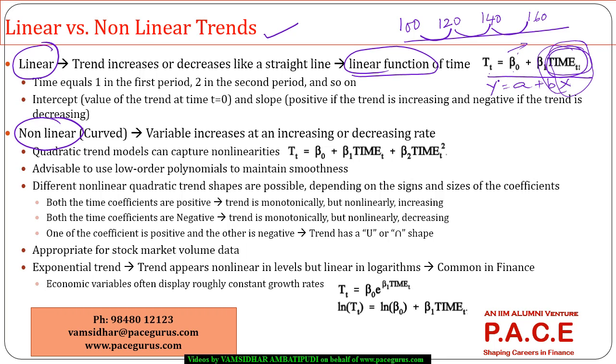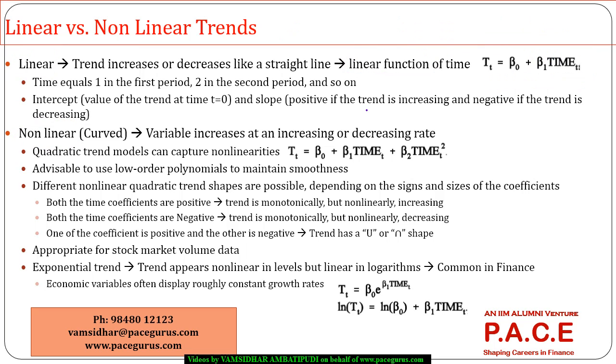We are talking about the trend at time 0. Whereas when time is 1, the trend value is beta naught plus beta 1. So beta 1 is called the slope. If this beta 1 value is positive, it means it's an increasing trend. If the beta 1 value is negative, I can interpret it as a decreasing trend.